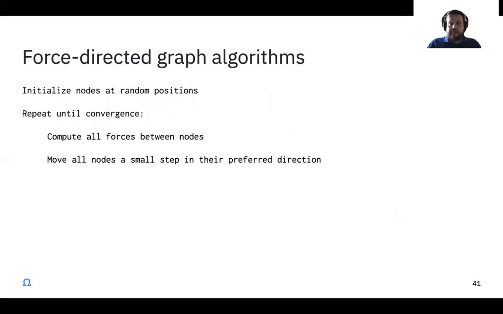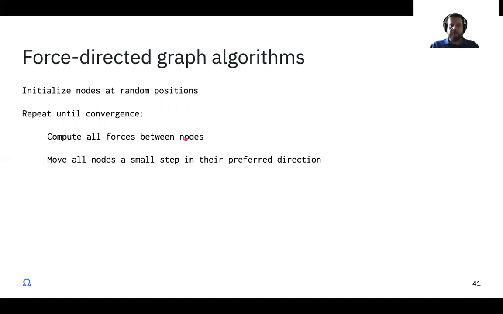Generally, all of these algorithms work like this. This is very much pseudo code. So we will initialize nodes at random positions. This is exactly the problem with predictability. Maybe you can tackle this by fixing the random seed beforehand. And then, until convergence, we repeat: we compute all forces between nodes.